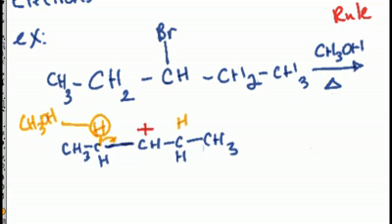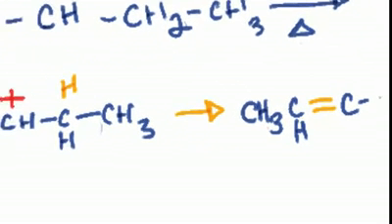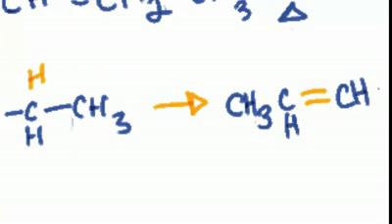And in this case, your product will look something like CH3, CH, and then the double bond, and then the carbon, and the hydrogen, and the methyl.